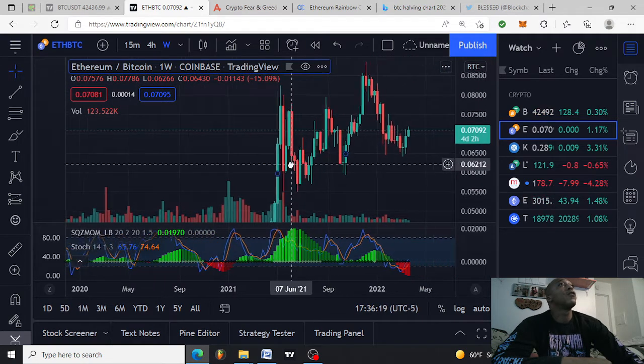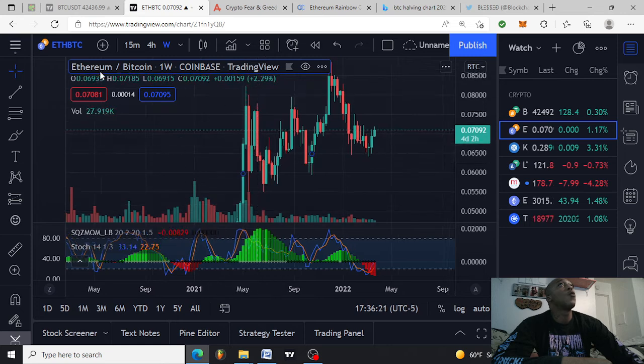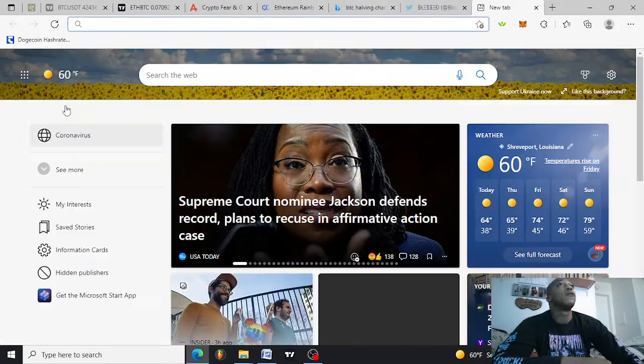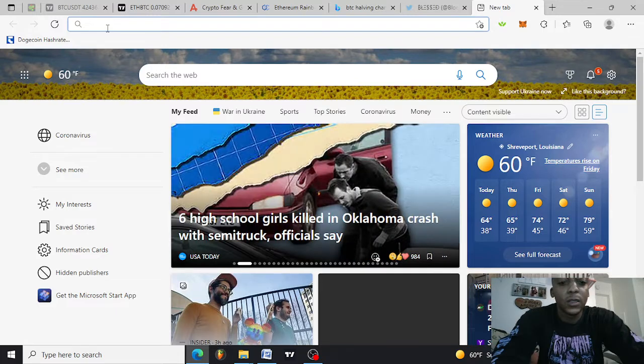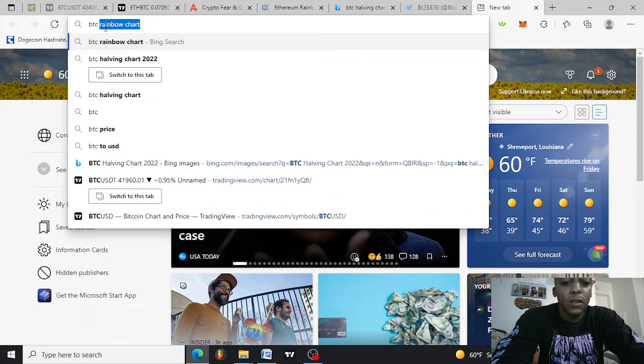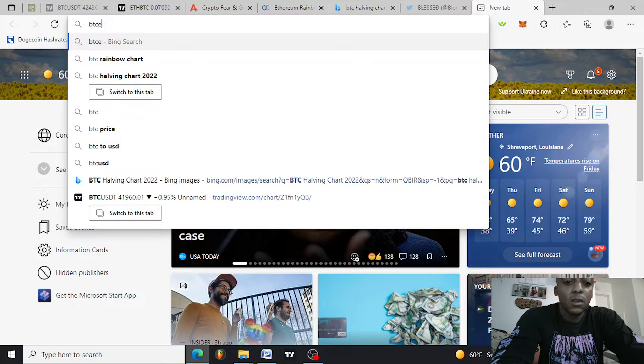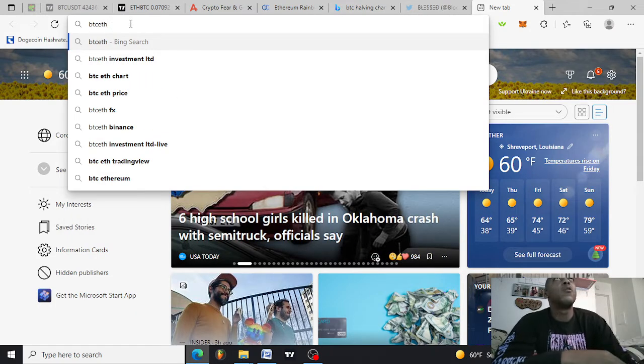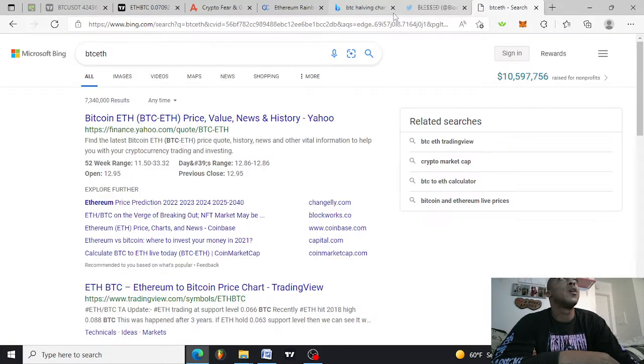Okay, so the comparison for the price of Ethereum versus Bitcoin, for one Bitcoin versus Ethereum, let me Google this. BTC, the Bitcoin Ethereum price pair.